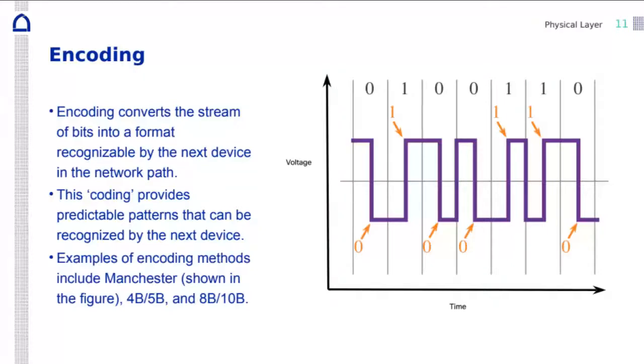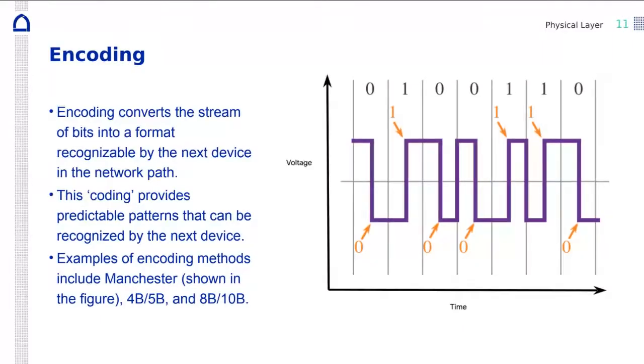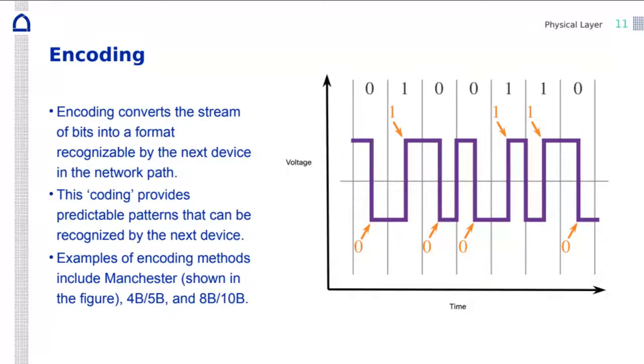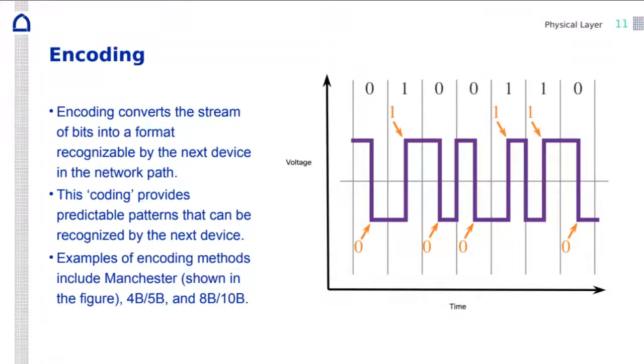The encoding. What is encoding? Encoding converts the stream of bits into a format recognized by the next device in the network path. So the coding provides predictable patterns that can be recognized by the next device. An example of encoding is Manchester, shown here. You have bits 0, 1, 0, 0.